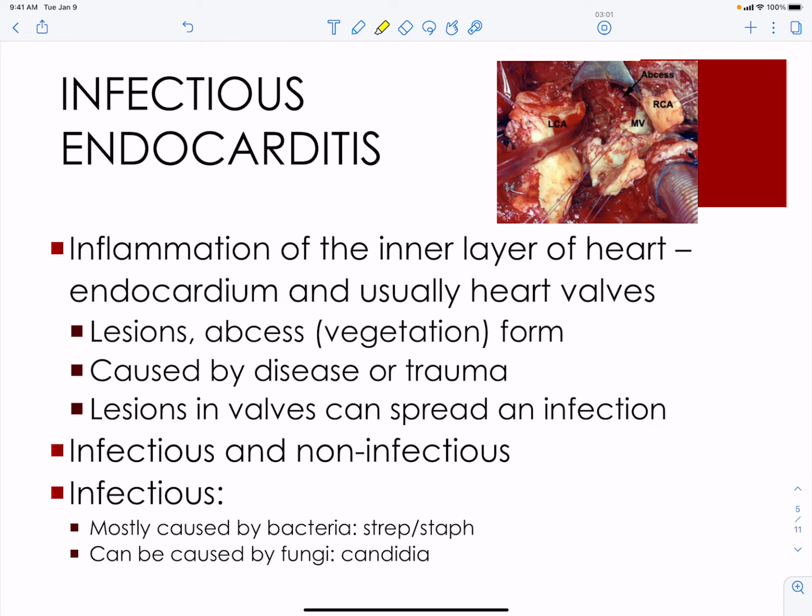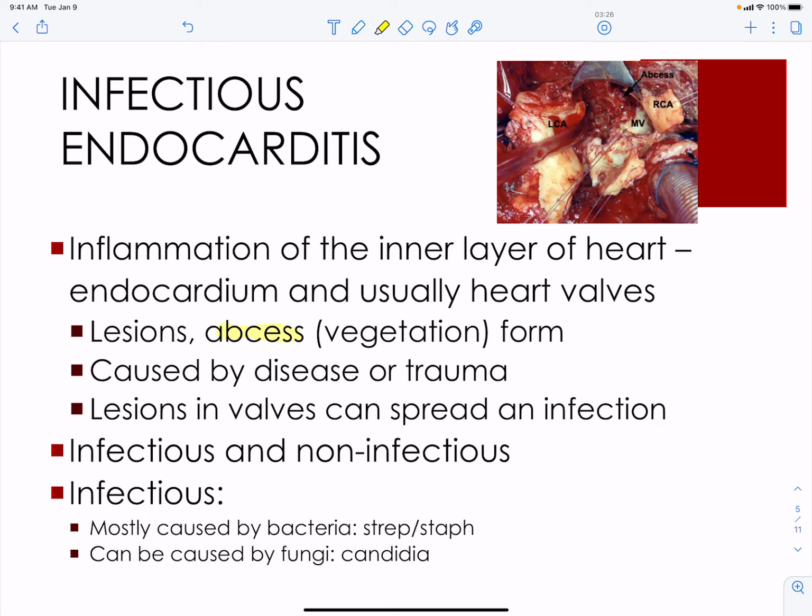They are going to result in an influx of your innate response, and that leads to pus forming. The pus and abscesses can form in your cardiovascular system. So inflammation of the inner layer of the heart is infectious endocarditis. This can lead to an abscess or a vegetative form.